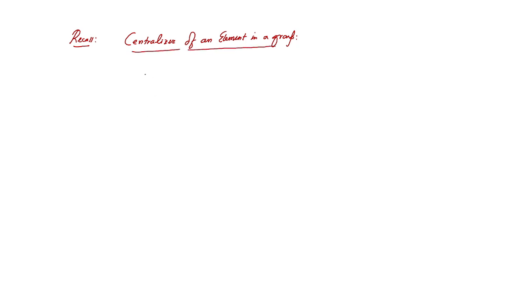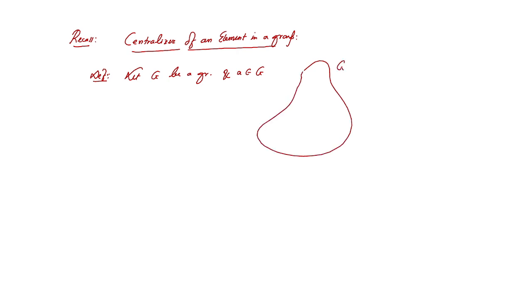Now how to define? So first we'll move to the definition. Let G be a group and A is an element of G. So you have been given a group G and A is an element.